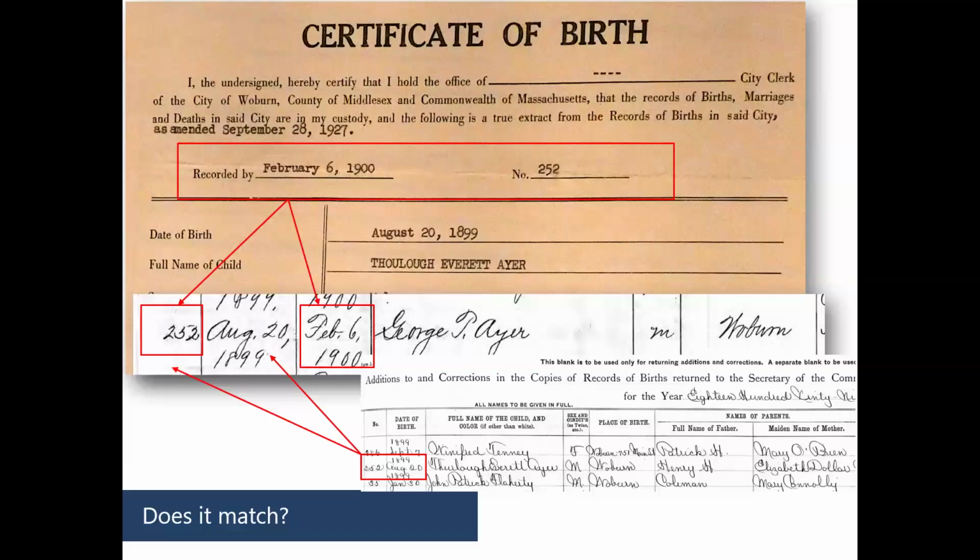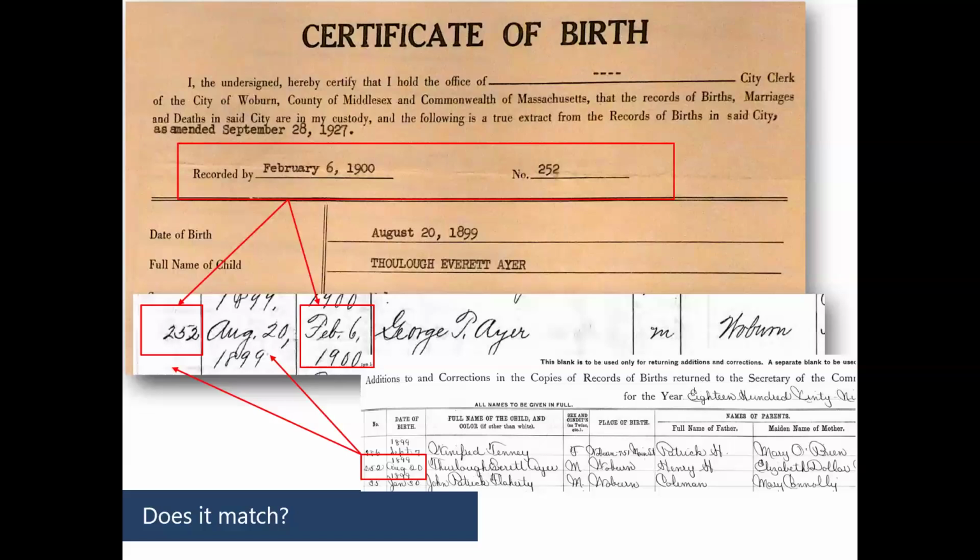So now I went and compared all three items that I had found. The biggest thing being the number of the actual certificate. So the number as it appeared everywhere was consistently number 252.